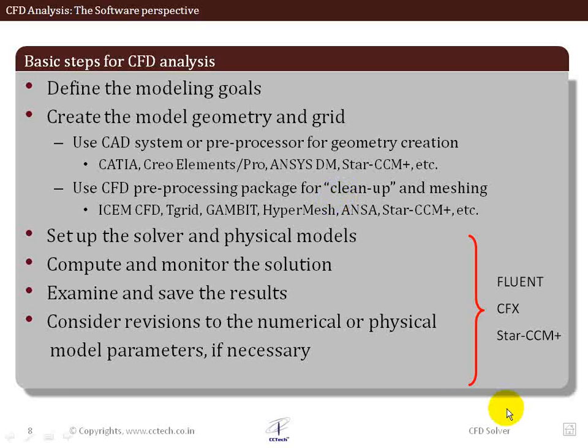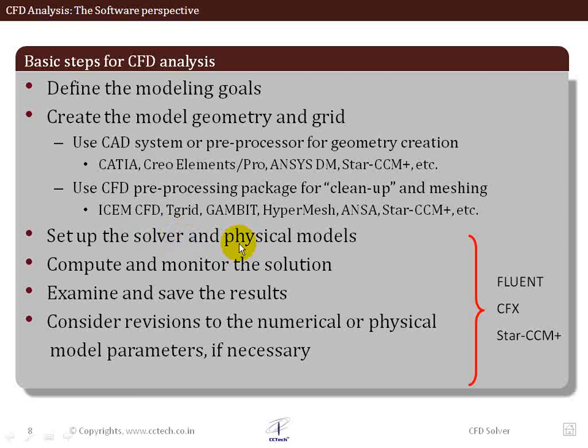Most of the packages nowadays like ICEM CFD, TGrid, ANSA, which is very popular, and Star CCM Plus has its own wrapper technology, which has been included also into ANSYS products of ICEM CFD and TGrid. So these are features by which you can make your geometry available for the solver to solve the CFD problem.